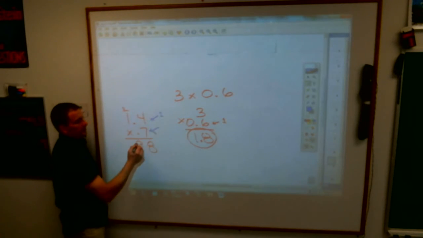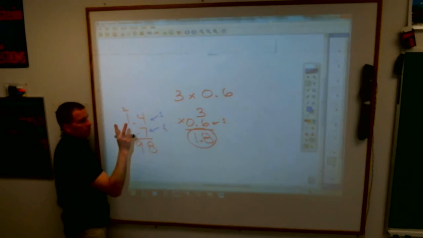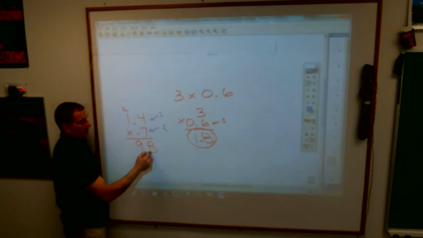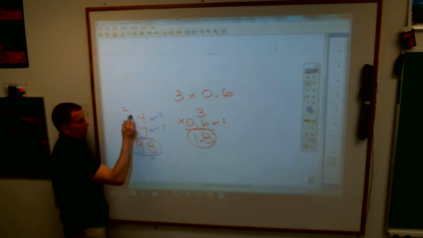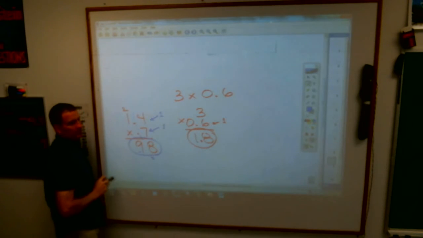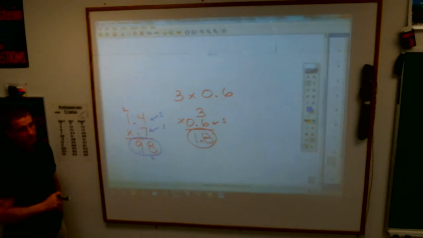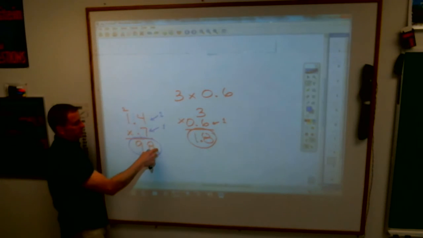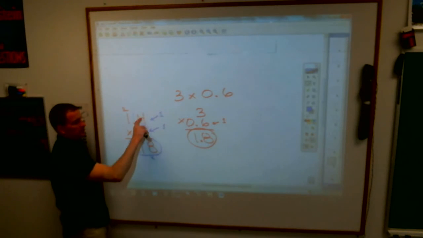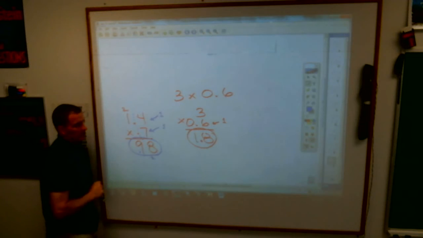How many digits are right there? 1. That's a total of 2. So you start at the right and come back and make sure that there are the same number of decimal places in your answer. My answer is 0.98. Notice my decimals don't line up. They don't have to. Sometimes maybe they will, but they don't have to. You are just moving them over.